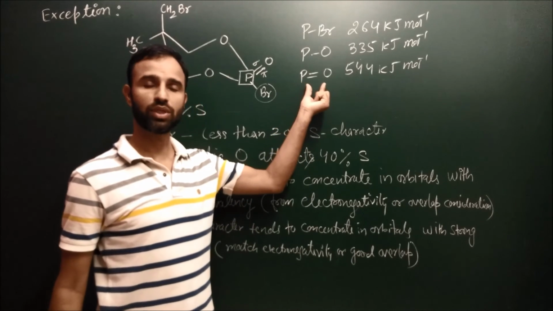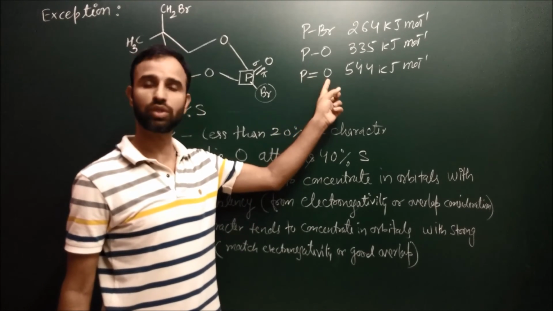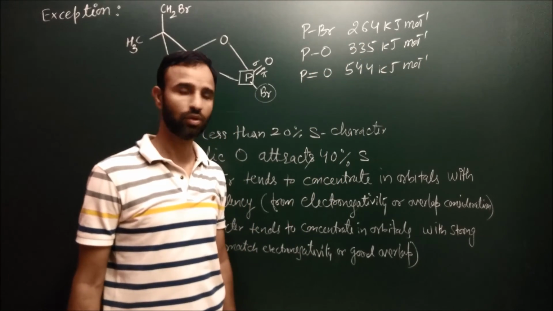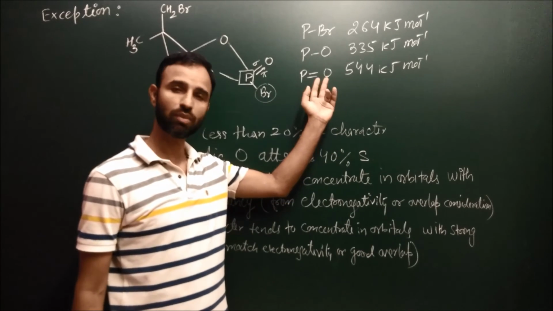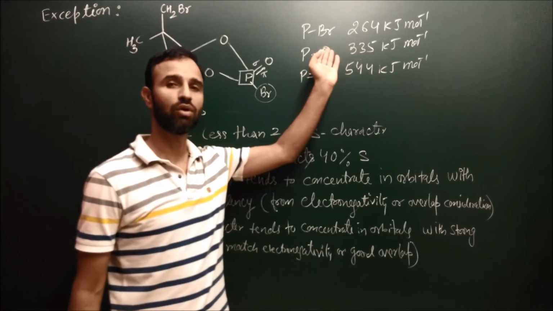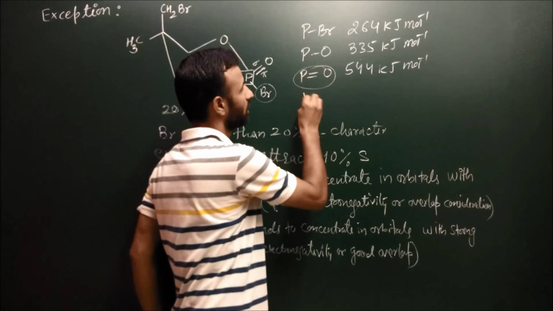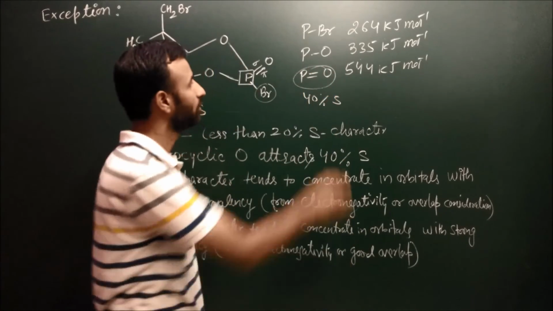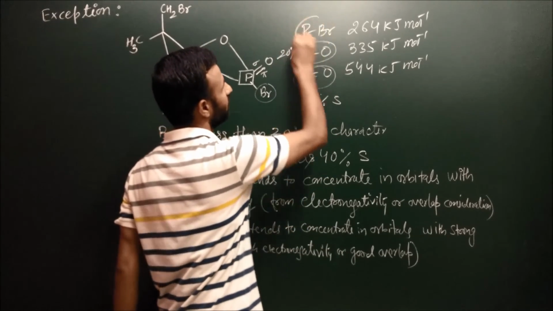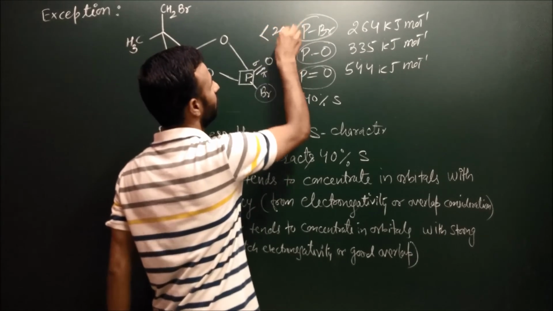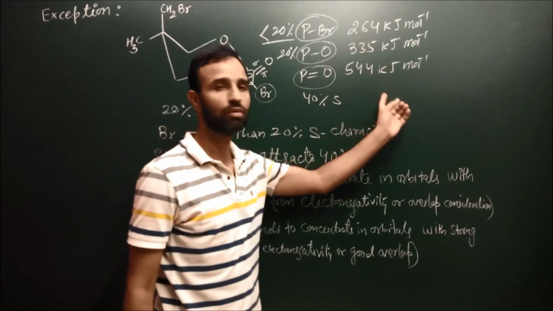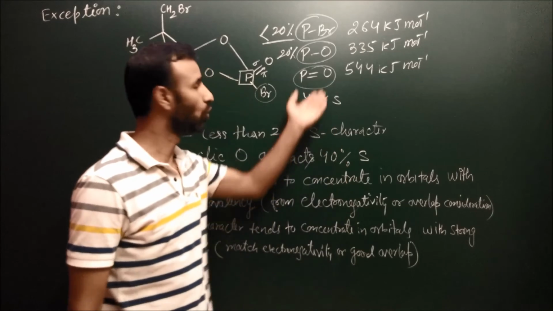As phosphorus double bond oxygen has maximum strength, it has good overlap, and that's why it has maximum S character. Here it is 335, so it has 20 to 25% S character, and the bromine has less than 20% S character because of bond energies, or we can say overlap.